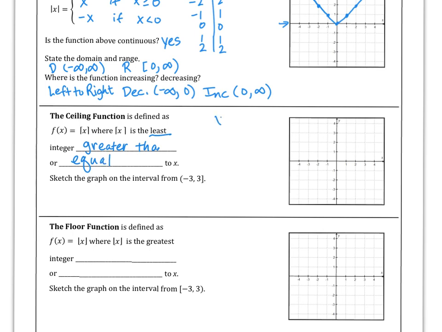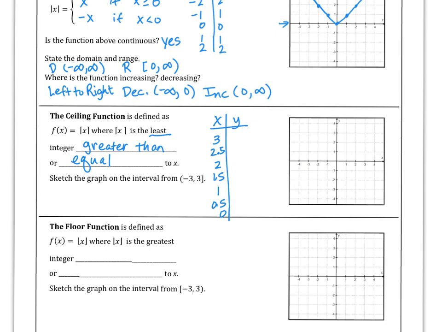So if we're going to graph this, we're going to figure out what this means. Let's start with 3, and let's do say 2.5, and 2, and 1.5, and 1, and 0.5, and 0, and it goes on, but we'll get the gist of it here.